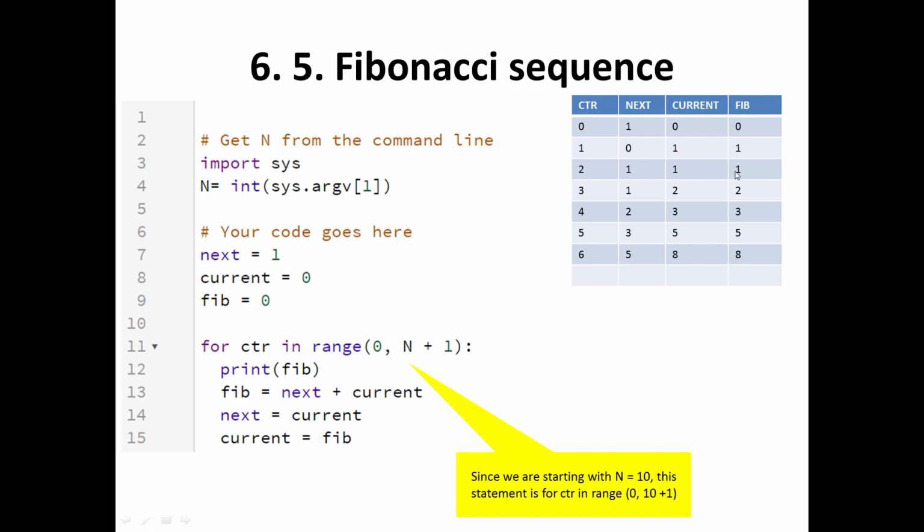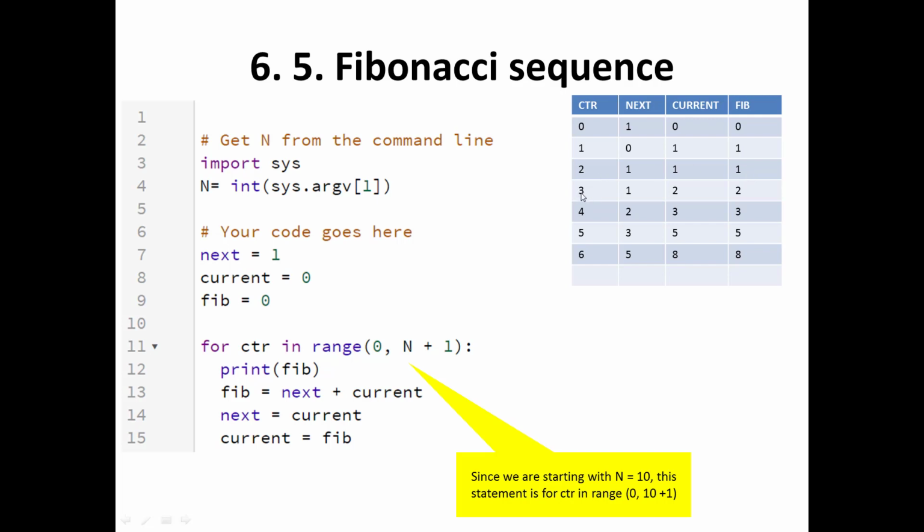So Fibonacci gets a value of 1. Now let's look and see what happens to our next values. Next gets equal to current, so it's going to be a 1, and current gets equal to Fibonacci because it's going to be a 1. So this is how things look at the end of our second iteration.